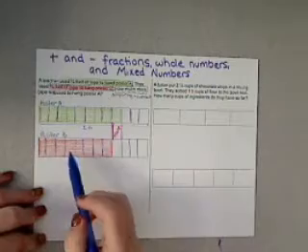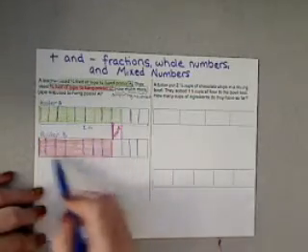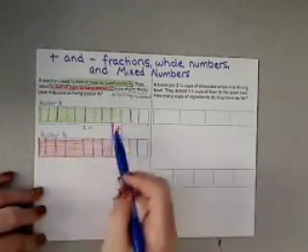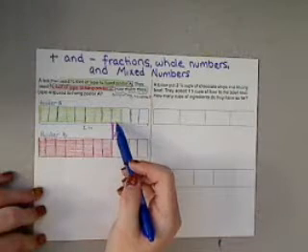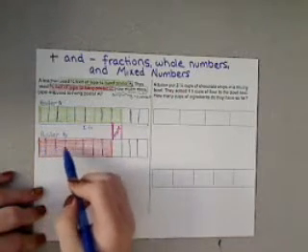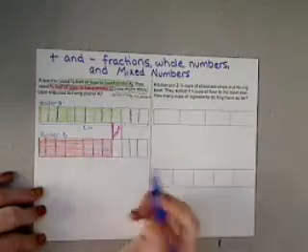So I need to take the amount from poster B away from poster A. So I need to take 1, 2, 3, 4, 5, 6, 7, 8 pieces away.